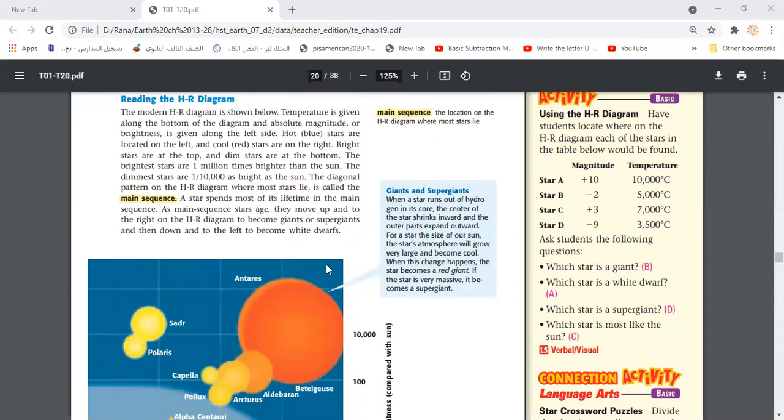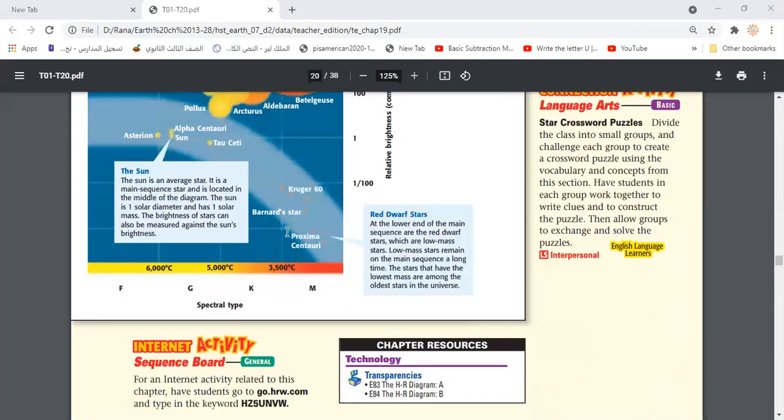So for example, here you can find the giant and super giant stars. And here we have some red dwarf stars. These red dwarf stars were white dwarf stars, but later they start to lose their temperature gradually, so they even turn red.